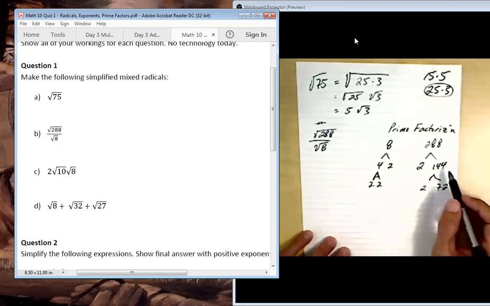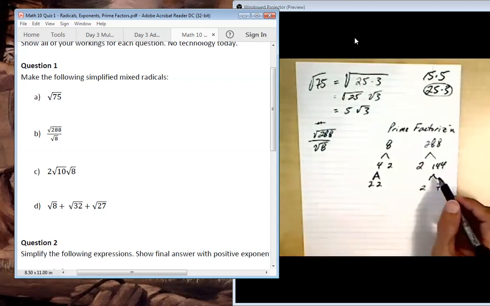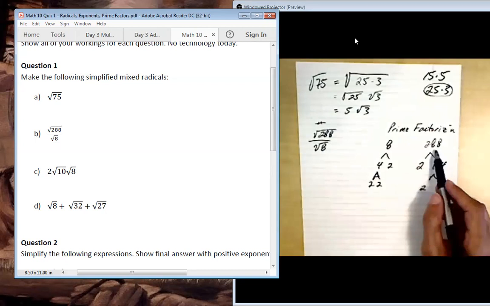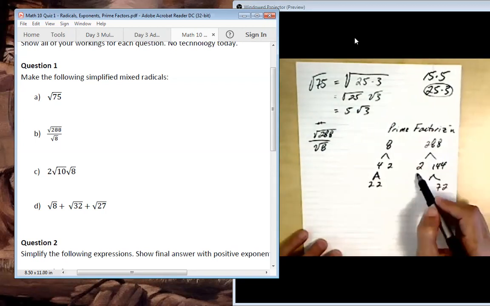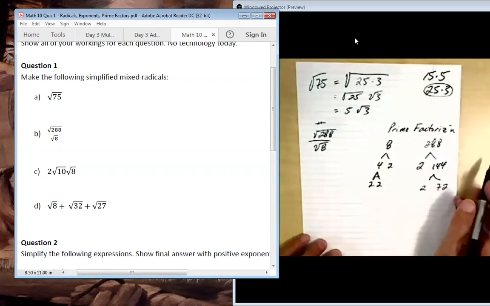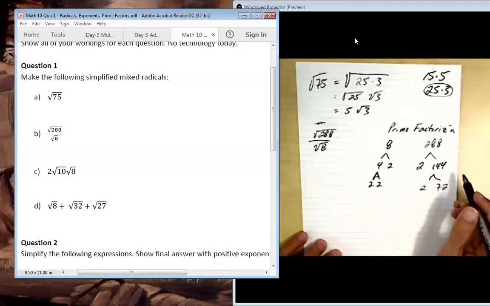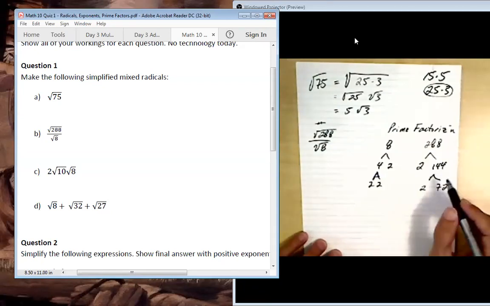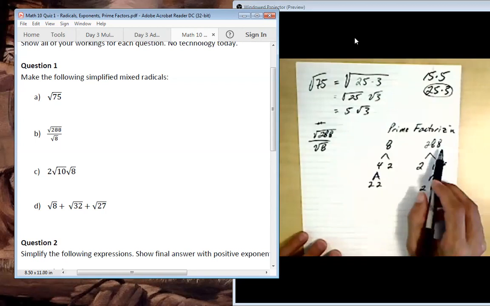In class, we're talking about how to figure out this 288 here, how to get these numbers. So there are some tricks. Notice it ends with an 8, right? So that means it divides by 2.